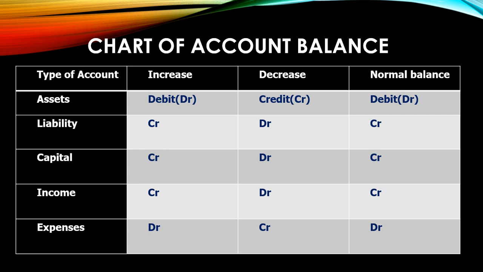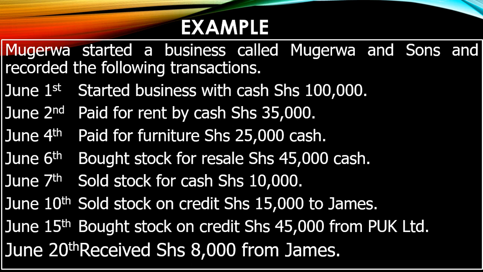Now we have an example here that we are going to use to understand it together. I want us to pay attention such that we can practically see how the entry works. The example says that Magarwa started a business called Magarwa and Sons and recorded the following transactions.